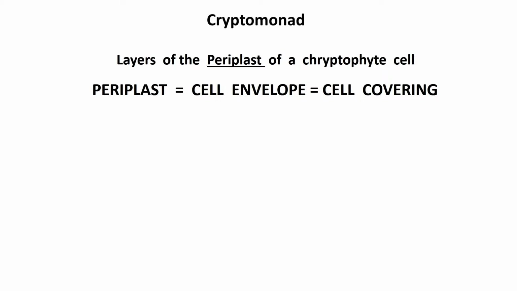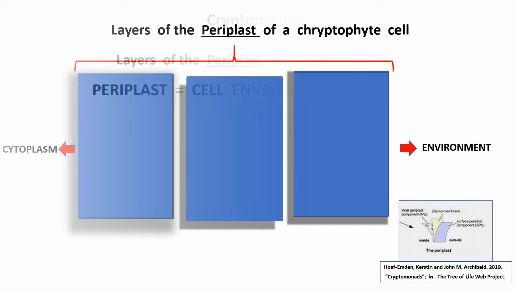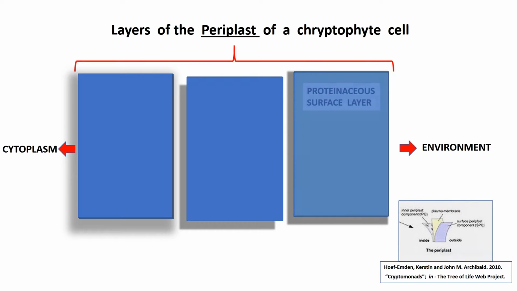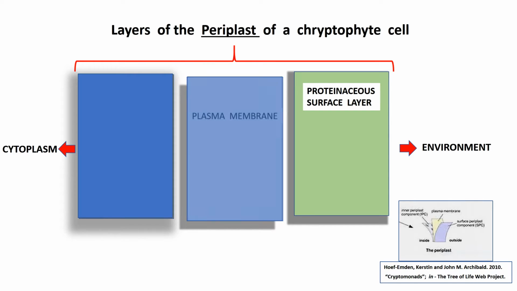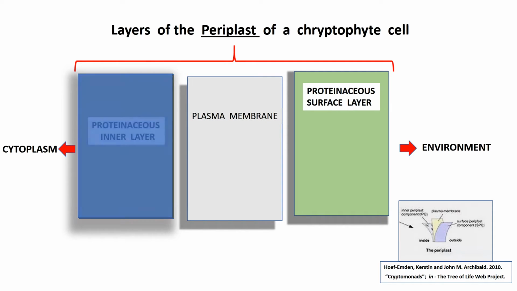The body of the organism is enclosed by a periplast or cell envelope, which is composed of three layers: an outer proteinaceous layer which faces into the environment, a middle layer which is the cell's plasma membrane, and an innermost proteinaceous layer which faces into the cytoplasm.